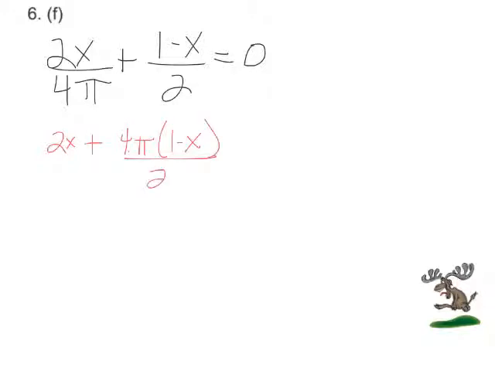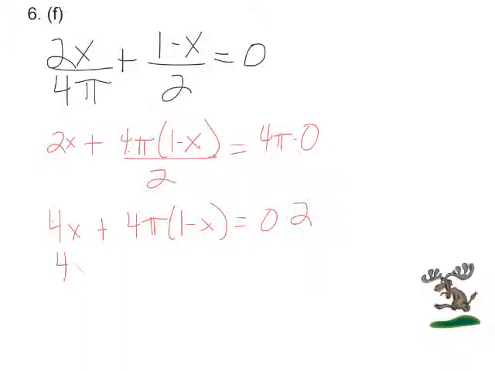And what that does is gets rid of the first denominator. Then I'll multiply everything by 2 to get rid of the second denominator, giving us 4x plus 4 pi times 1 minus x equals 0 times 2.